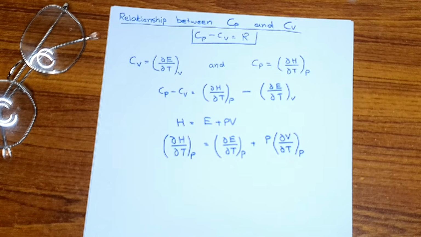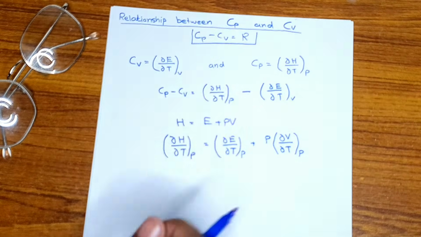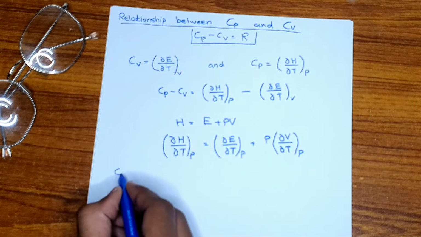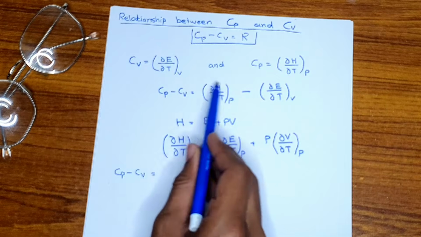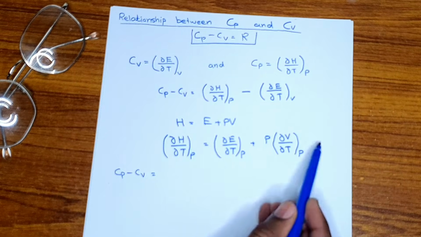This P is representing that we are performing the calculations at constant pressure. Okay, so now we have the value for delta H divided by delta T, and now I'm going to plug in this value here. So again I'm going to write Cp minus Cv is equal to, and in place of this I'm going to plug in this value.